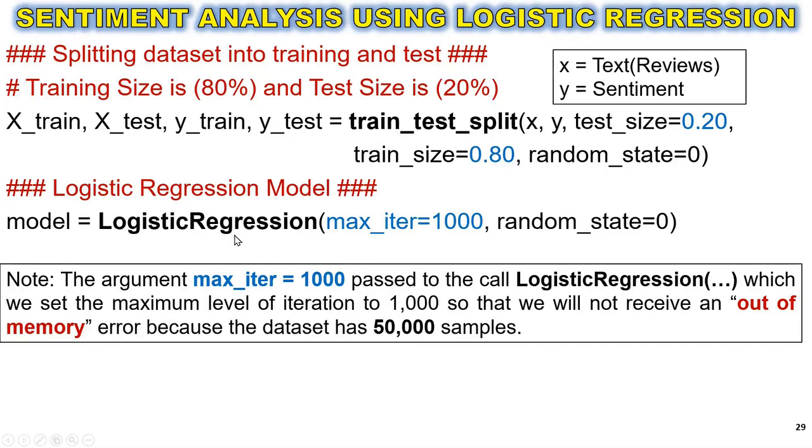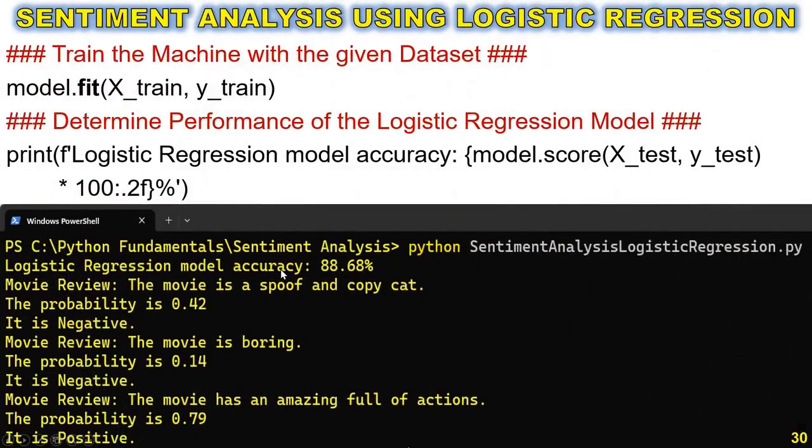We set the maximum number of iterations to 1000 so that it will not receive an out-of-memory error because the dataset has 50,000 samples. We train the machine to learn from the given movie reviews dataset by calling the method fit.